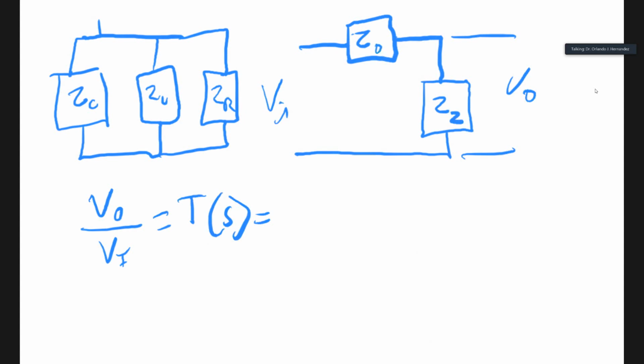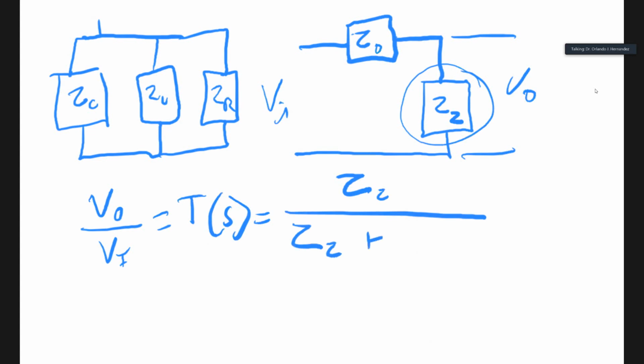It is going to be my zero impedance divided by the sum of both. So depending on which one I put here, I'm going to get the zeros and therefore the behavior of the filter. Okay?